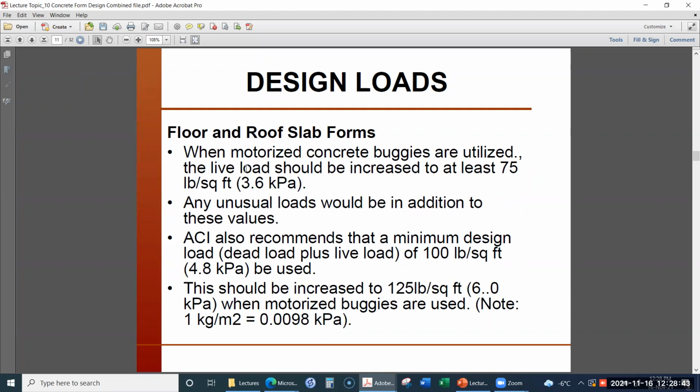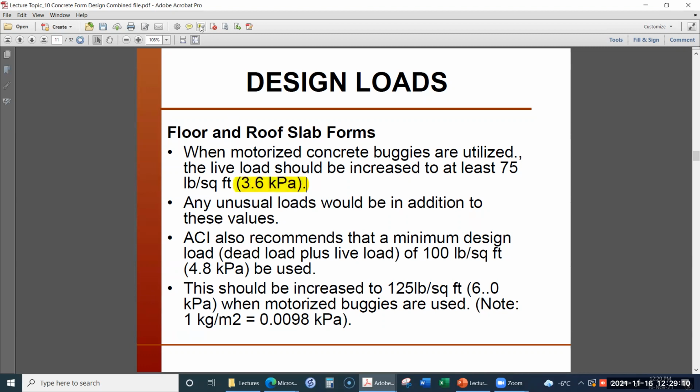On the other hand, of course, we may need to do some adjustments as well. For example, when motorized concrete buggies are used on the formworks, then the live load should be increased to at least 75 pounds per square foot, or about 3.6 kilopascal.